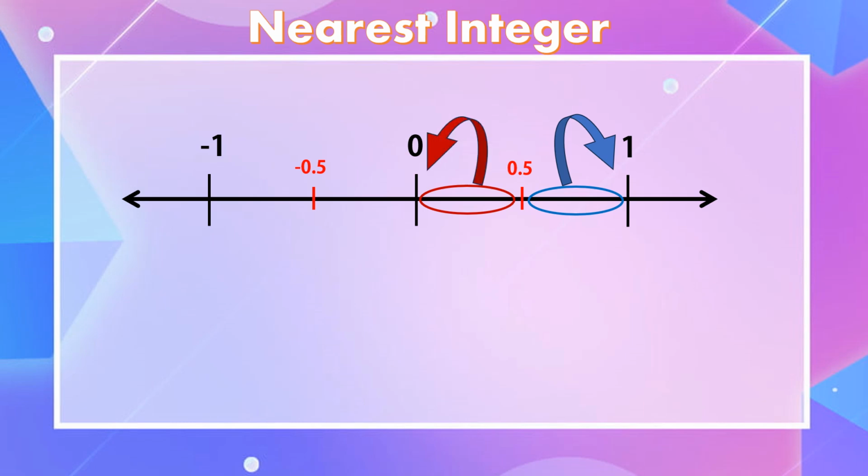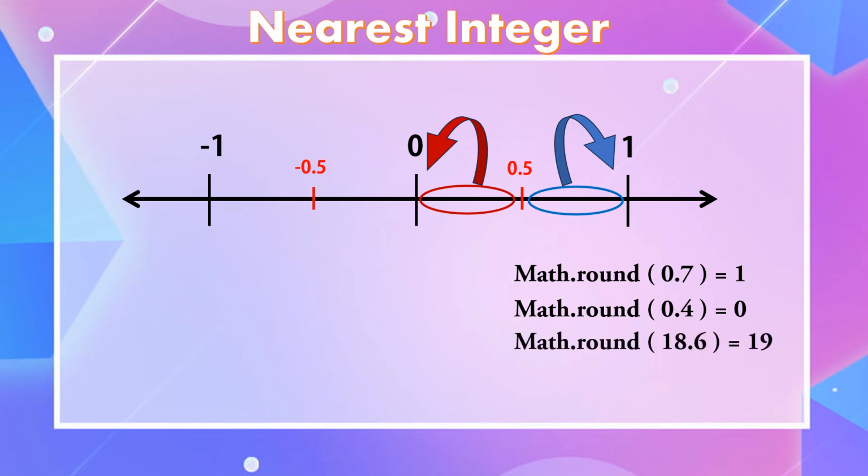Let us see some examples. Math.round, when works on 0.7, it becomes 1. And on 0.4, it makes it 0. Math.round 18.6 becomes 19 and 18.3 becomes 18.